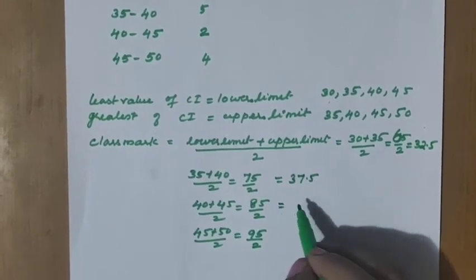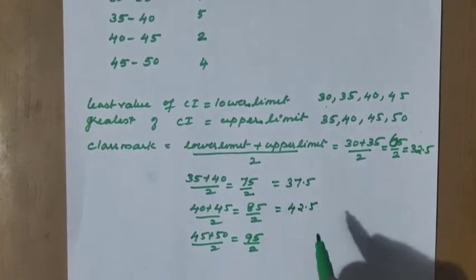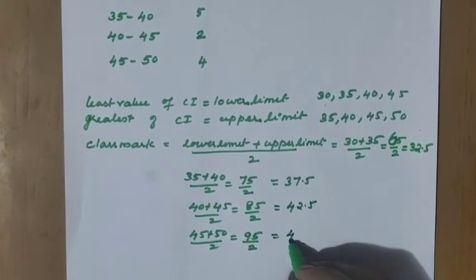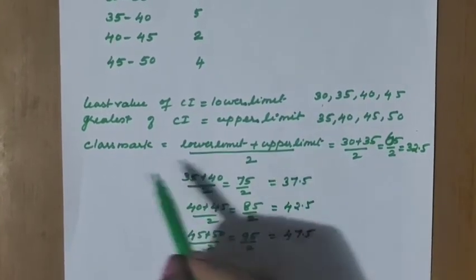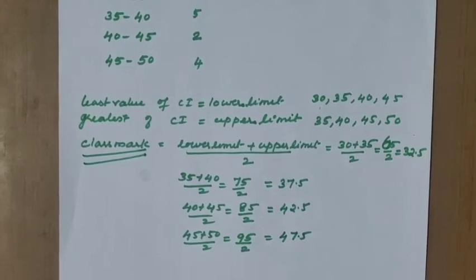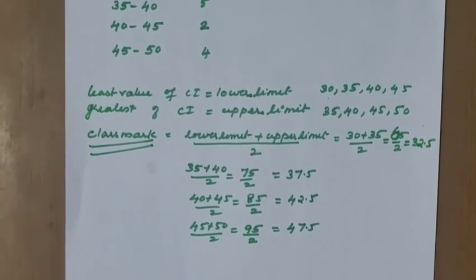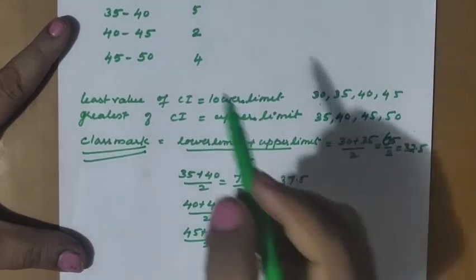So naturally the next will be 42.5, you can cross check, and 42.5 plus 5 is 47.5. So these are the class marks of the first, second, third and fourth class intervals. Now let us see the class size.